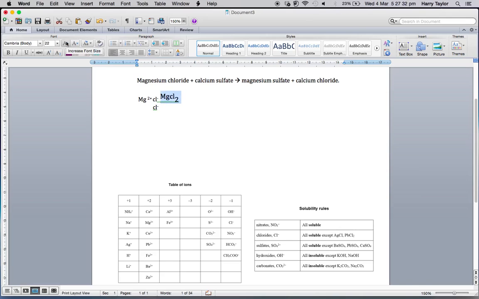So be MgCl2, and that's your first part. So that's your magnesium chloride. MgCl2.